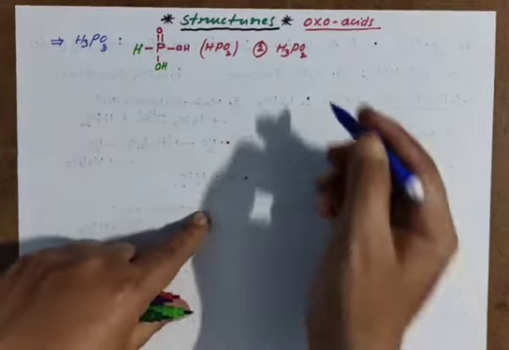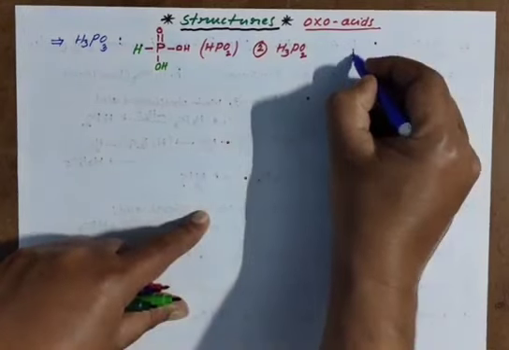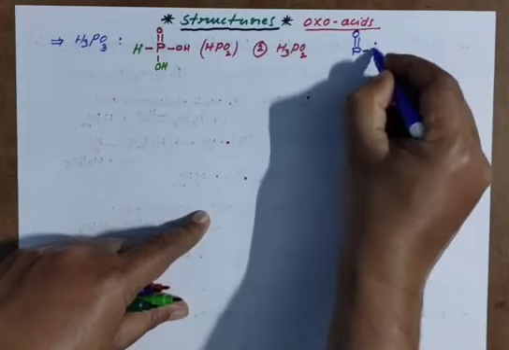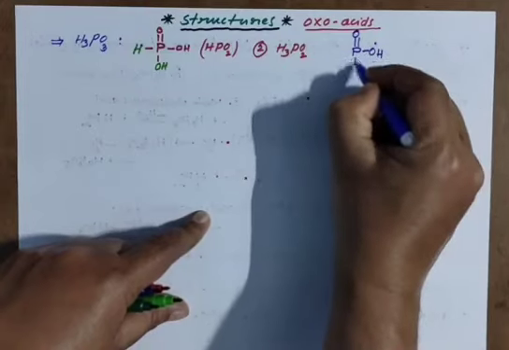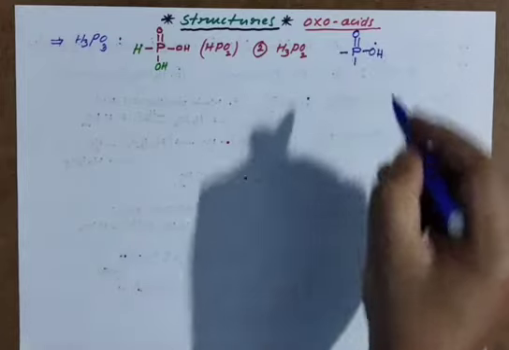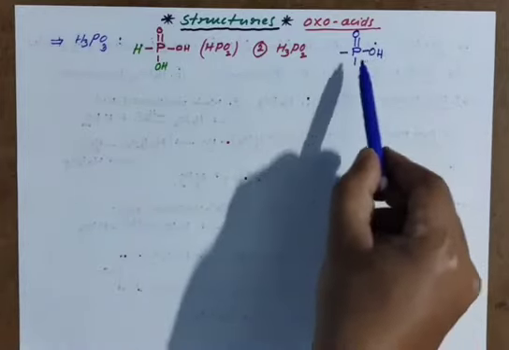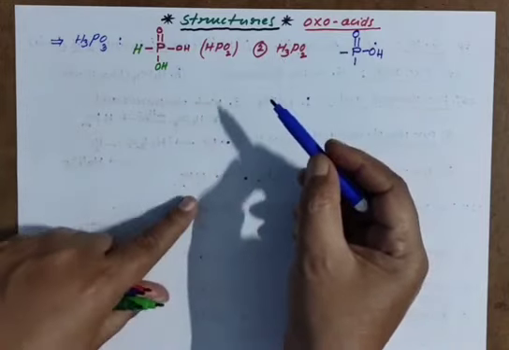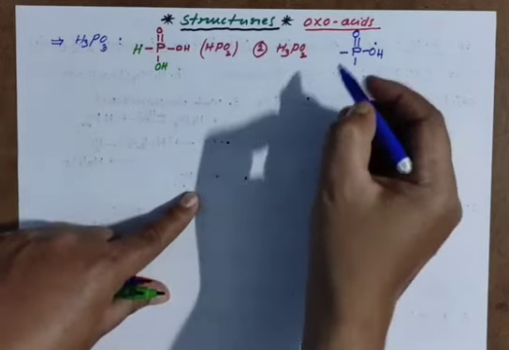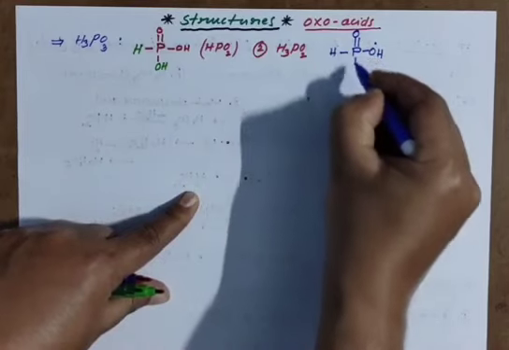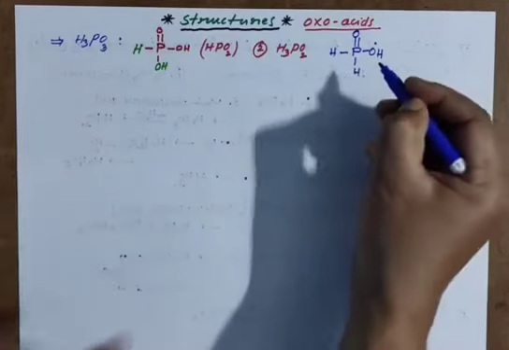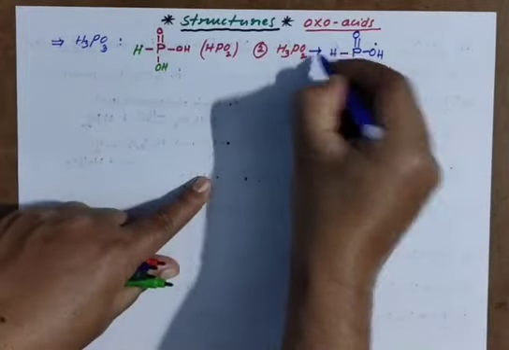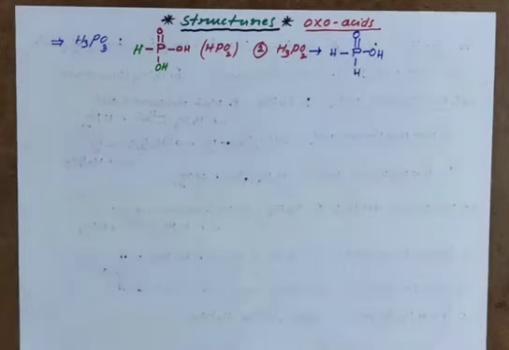Every acid has the basic unit: central atom, double-bonded O and one OH. Five bonds are possible at maximum for phosphorus, and the remaining you have to bond. The remaining are 2 hydrogens: here 1 hydrogen, here 1 hydrogen. Completed. See how easy this is to draw the structures.